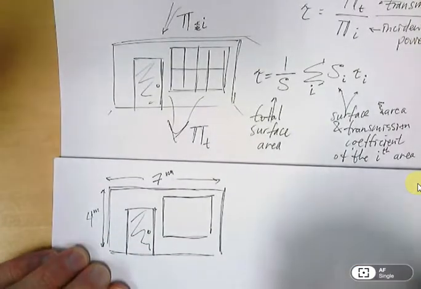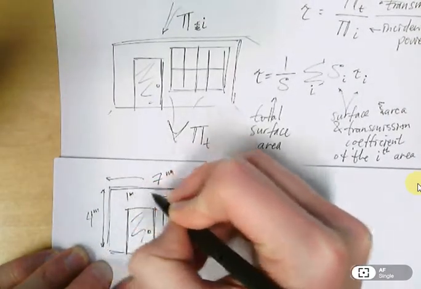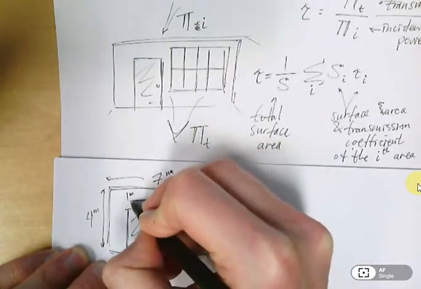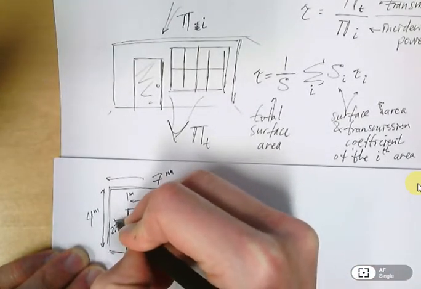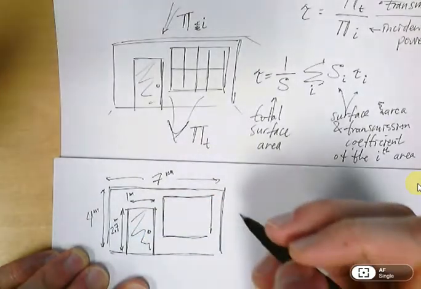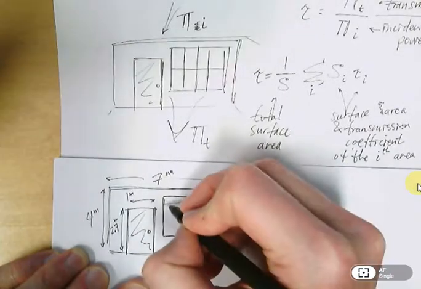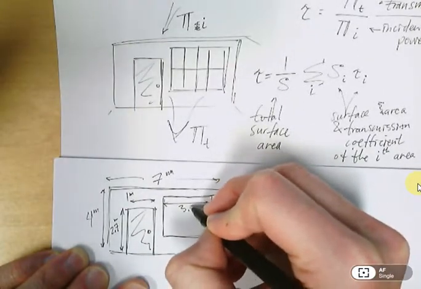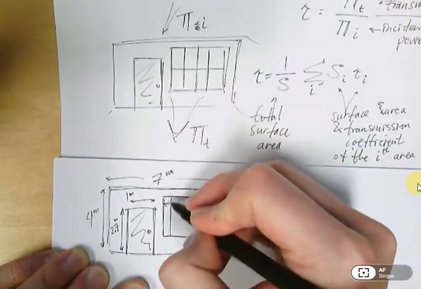And let's say that this door is a pretty standard size of about 1 meter in width and 2.7 meter height. And that this window covers 3.5 meters in width and 2 meters in height.